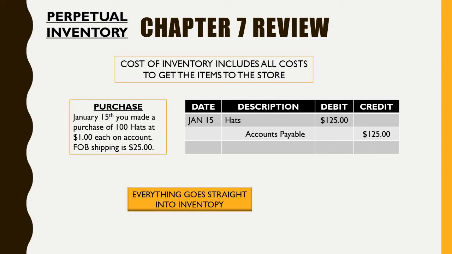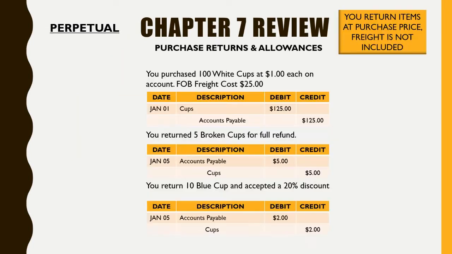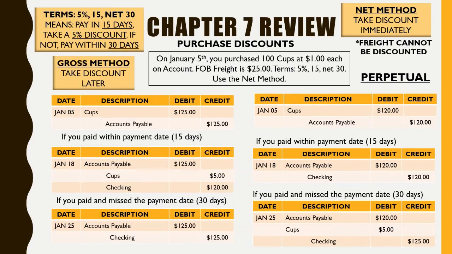So again, cost of goods sold is going to be every single cost it takes to get the inventory asset to your store. And again, we said everything's going to go into inventory. So then when we actually return the items, this is what happens. And this is where we talked about discounts, the net method versus the gross method.